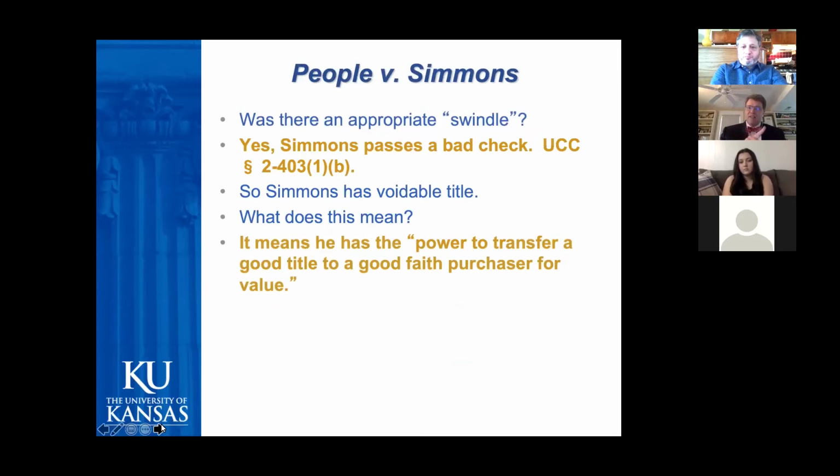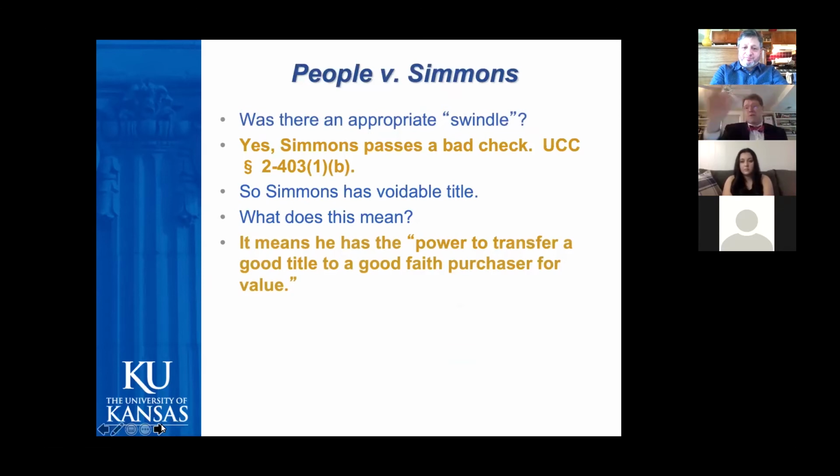It means that Simmons has a power, a unique power, to transfer that otherwise stolen diamond to a good faith purchaser for value. And that good faith purchaser for value now is the actual owner.